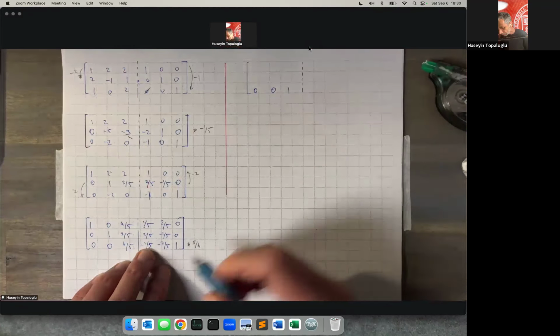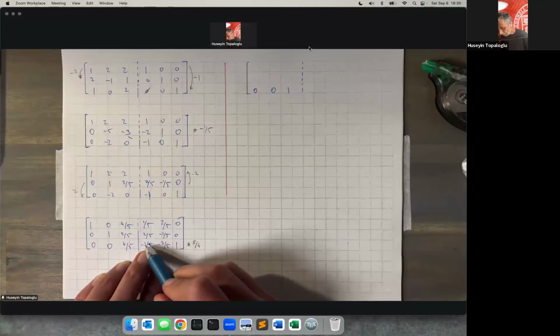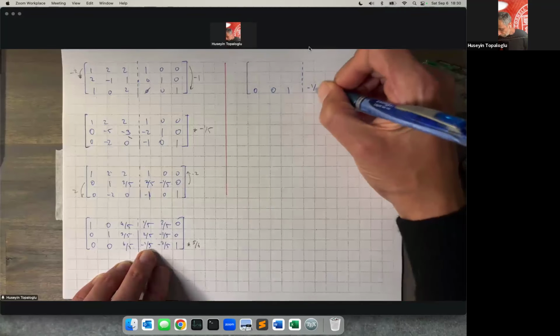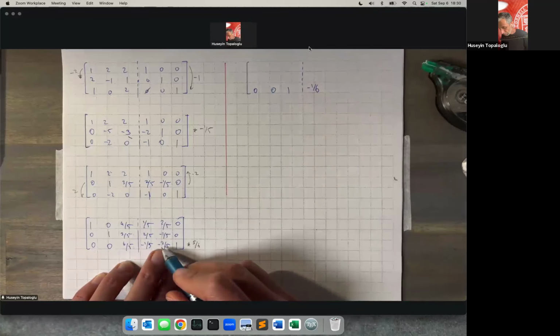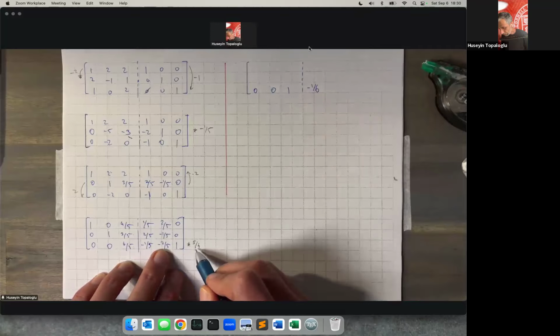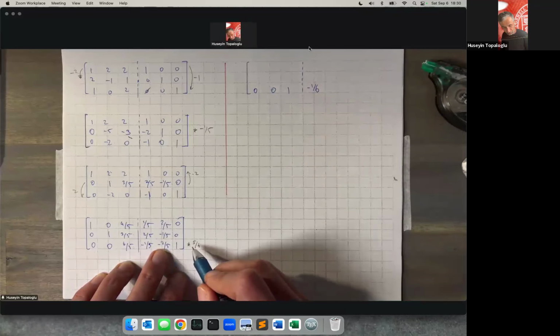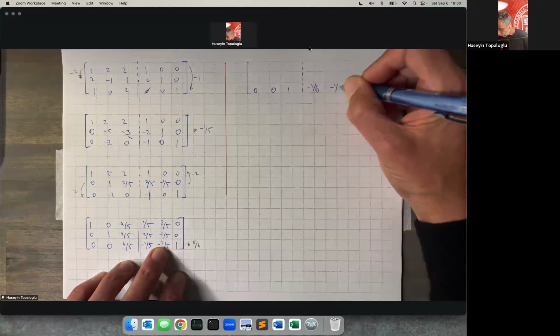And now let's deal with the right-hand side matrix. -1/5 times 5/6 is going to be -1/6. -2/5 times 5/6 is going to give me -2/6, that is -1/3.